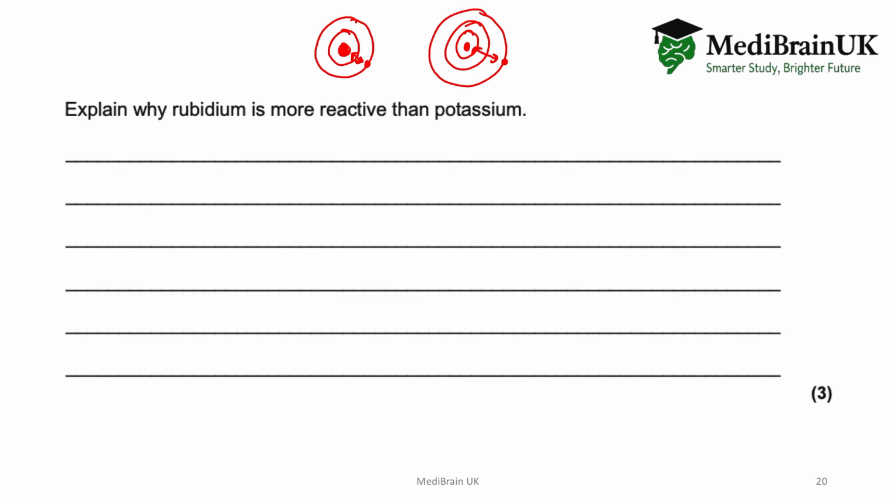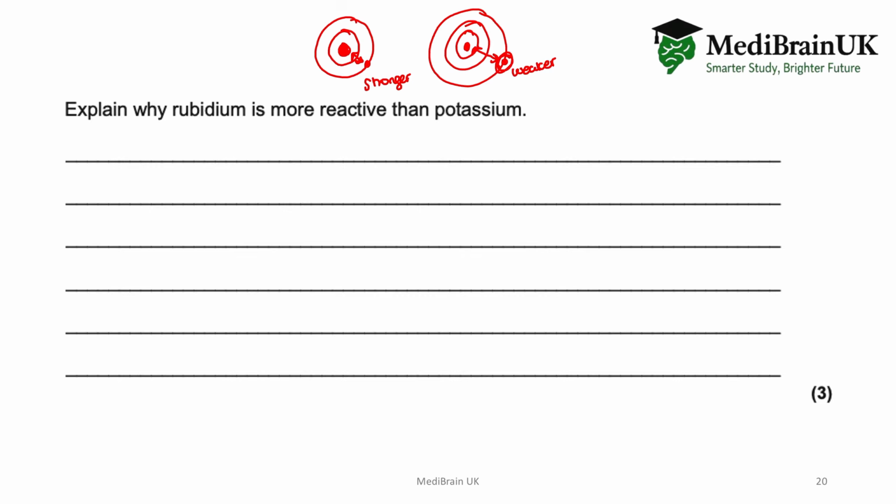Okay, over here you will have a stronger attraction, whilst over here you will have a weaker attraction, which means that in rubidium, this electron will be lost much more easily. Okay, and it will react much more easily because there is that weaker attraction. And that's what we want for a group 1 element. We want there to be a weaker attraction so it can react with something else and have a full outer energy level.